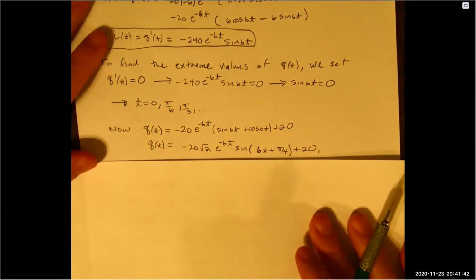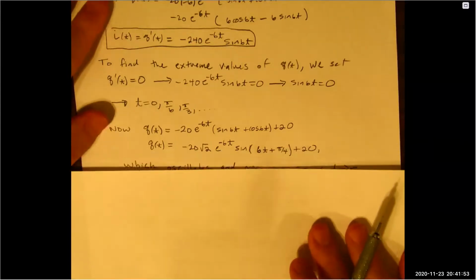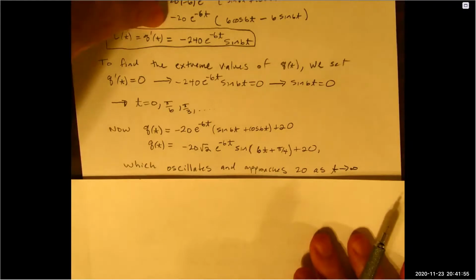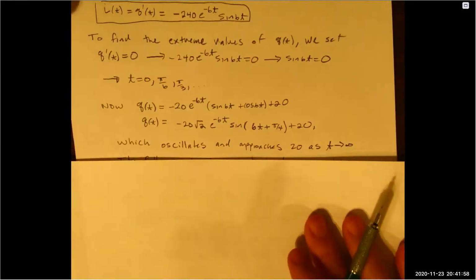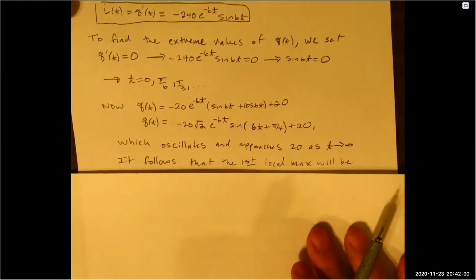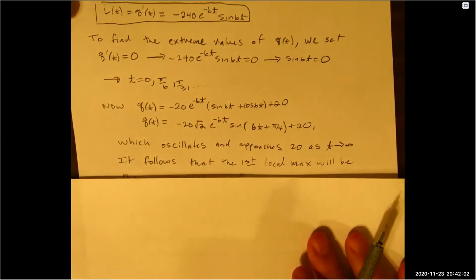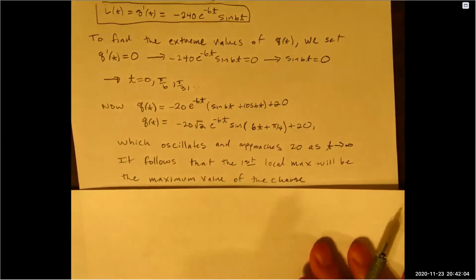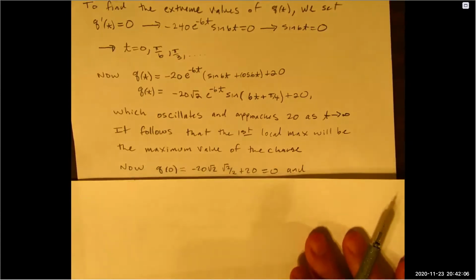And so the maximum value of the charge is actually going to be the first maximum that we come across, the first value where it's a maximum. This oscillates and approaches 20 as t goes to infinity, so it follows that the first local maximum will be the maximum value of the charge.